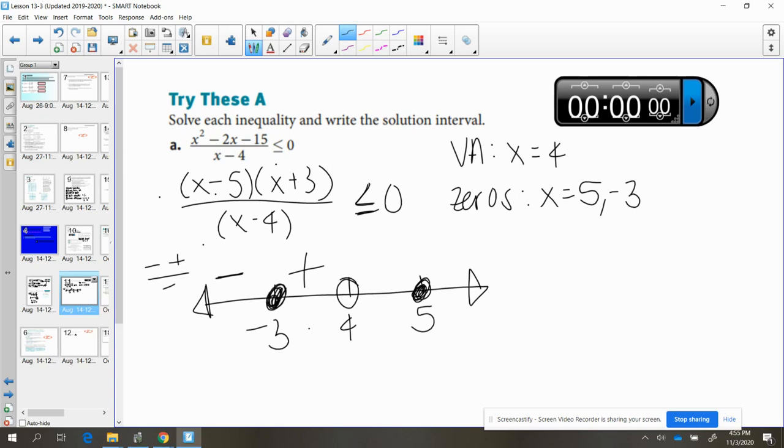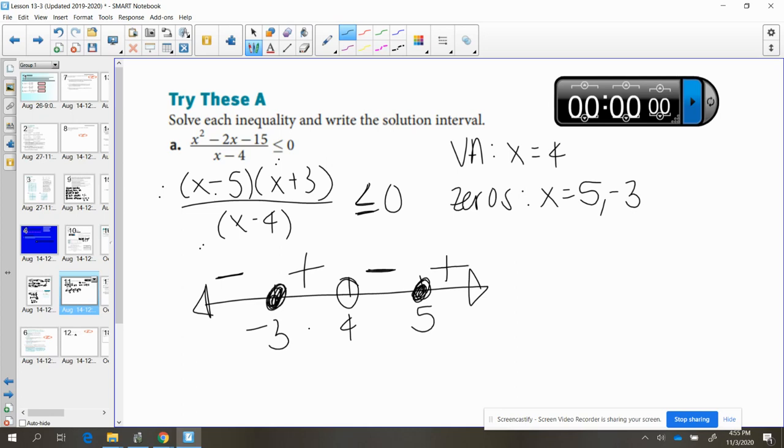Next, between 4 and 5, if I picked 4.5, for instance, 4.5 minus 5 is negative, 4.5 plus 3 is positive, 4.5 minus 4 is positive. So this positive divided by a positive is positive, but we still have that negative there. And then last but not least, if we test a really, really large value in here, let's say 100, it's positive, positive, positive. For an overall answer, it's positive.